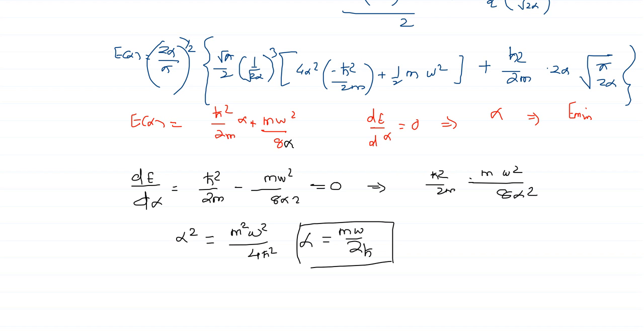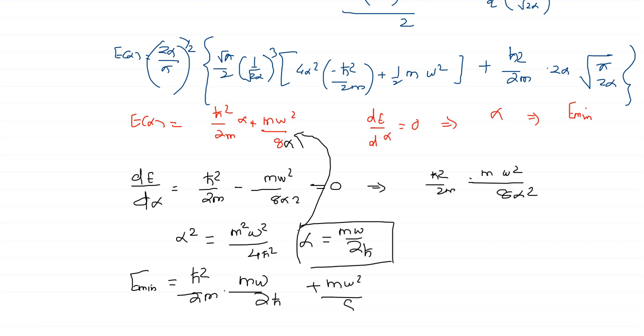Now we have to find out what is E minimum. So E minimum will be, we have to just put this alpha into this formula, and let us try to do that. H bar square by 2m into m omega by 2 h bar plus m omega square by 8 alpha, so it is nothing but 2 h bar upon m omega.